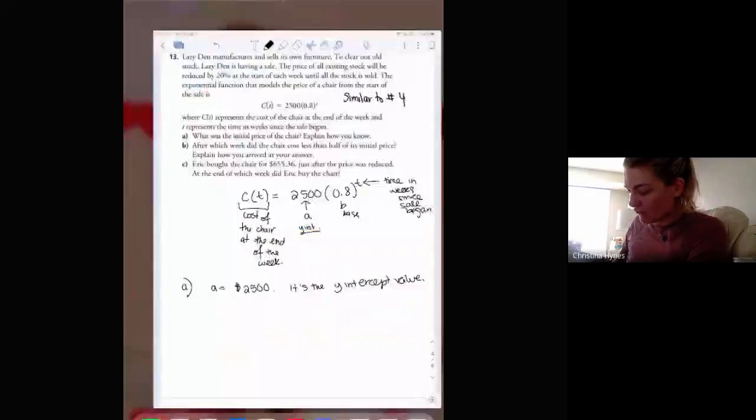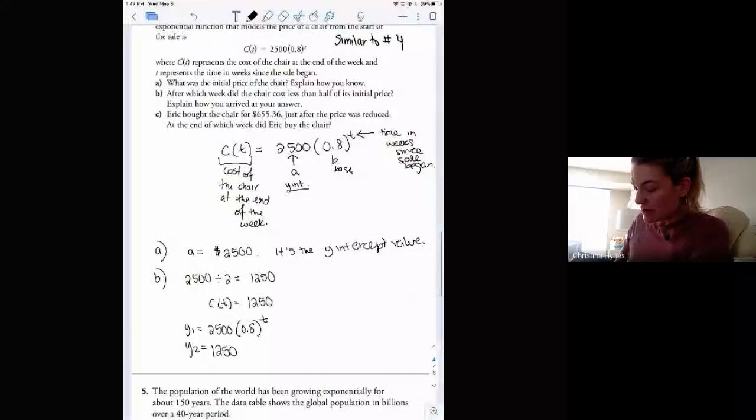Okay, so for my answer, I'm just going to write down the steps here so you guys can see that. I had to press second trace number 5. Once I found the intersection, I pressed enter. I went as close to the intersection as possible and I pressed enter 3 times. Once you do that, you'll get the x coordinate, which mine was 3.1.